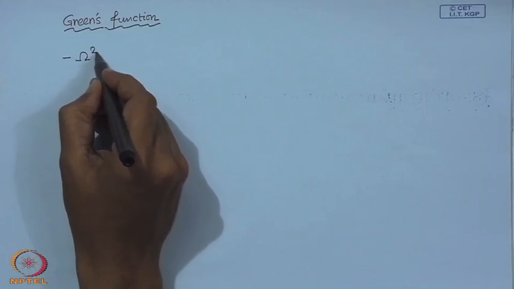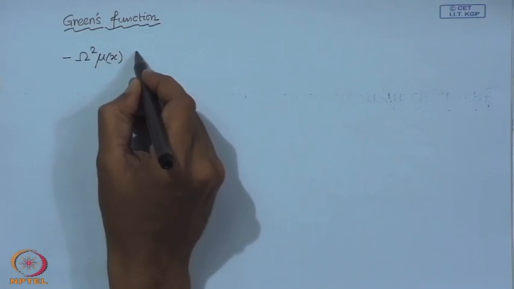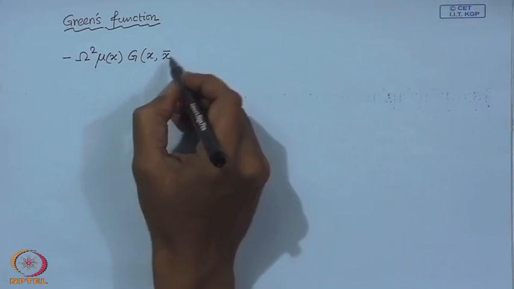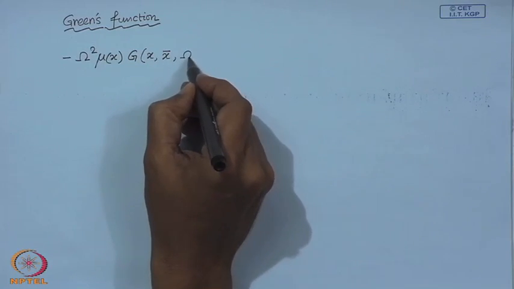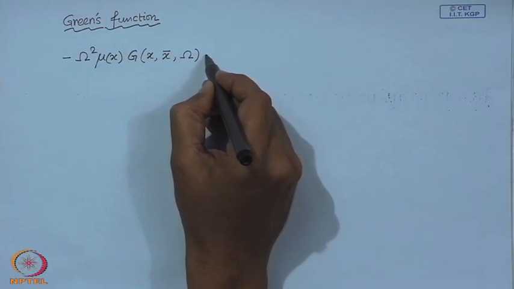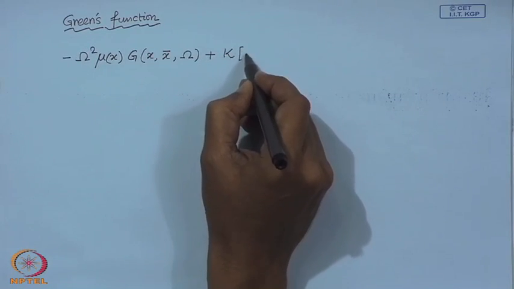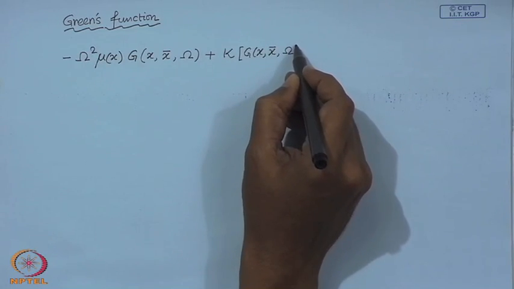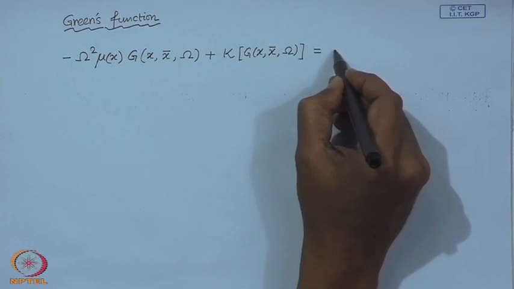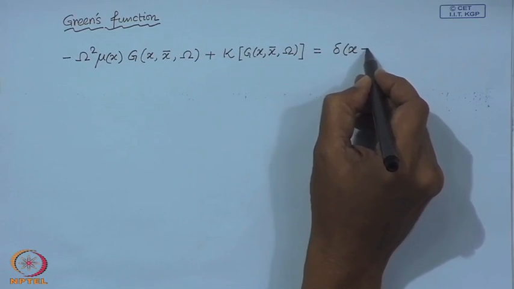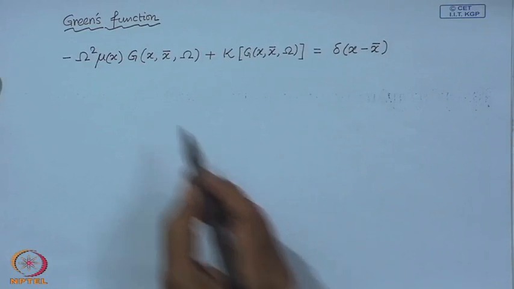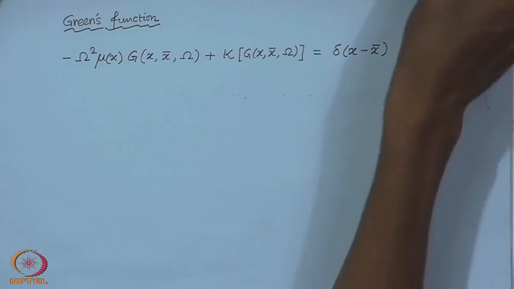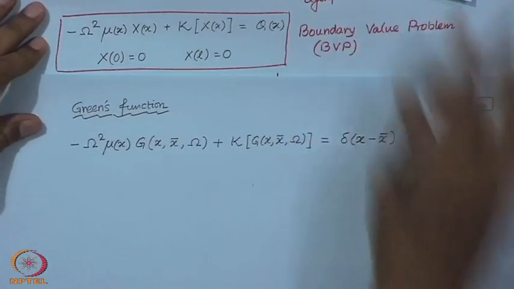We represent the Green's function using capital G, such that, so this was the differential equation of the boundary value problem, as you can see here.